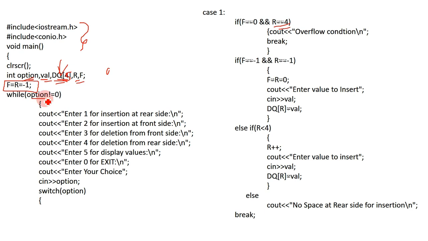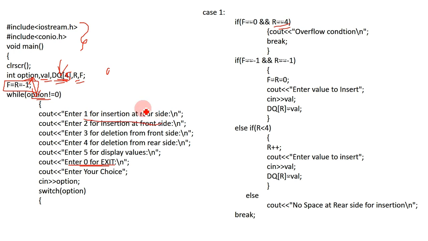Okay, so while option is not equal to 0, at the first time the option holds a garbage value, and that garbage value may not be equal to 0, so the control will go to this while loop, and when you press 0 from the keyboard, this while loop will be terminated.